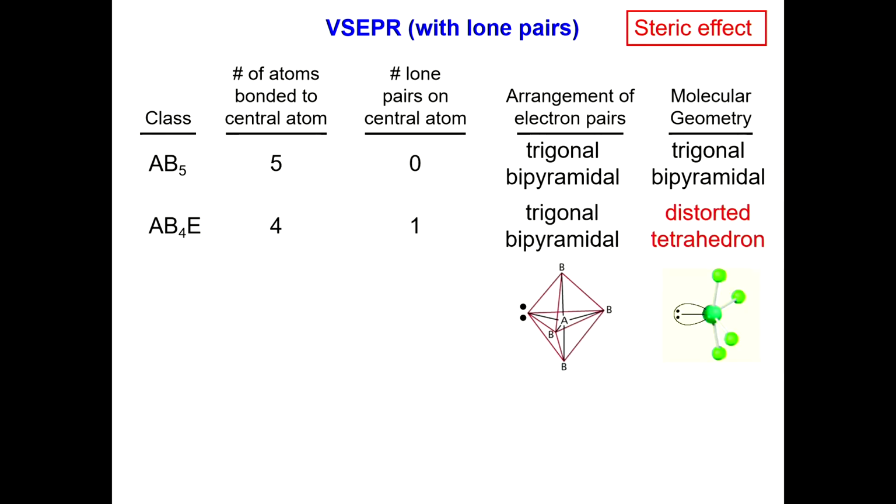So here in this class, AB4E, its arrangement of electron pairs is trigonal bipyramidal. So here the lone pair electrons should be in this position, and we also explained why this lone pair should be at this position, not in here.